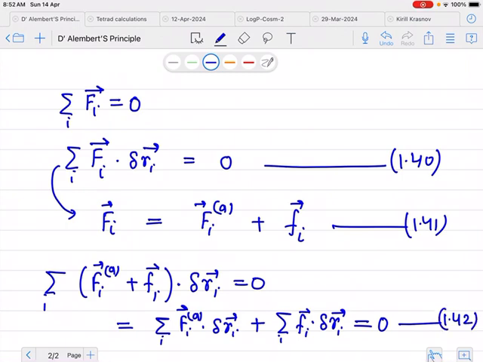We now restrict ourselves to systems for which the net virtual work of the forces of constraint is zero. It means we are talking about the system in which the virtual work due to the force of constraint, the restriction force, is zero.